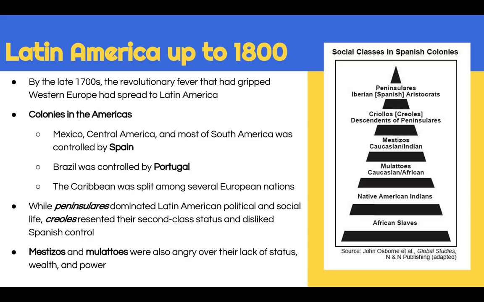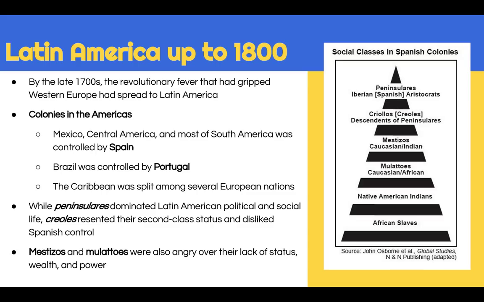The people who dominated the political and social life we call peninsulares, who you can see over here, are at the very top of the social ladder in the colonies, especially Spanish colonies. And peninsulares are people who were born on the Iberian Peninsula in Europe. So these are people who were born in Europe, and mostly they were Spanish aristocrats.